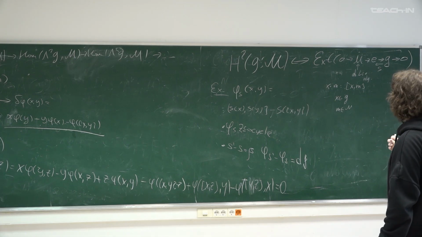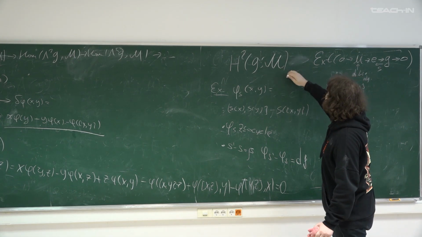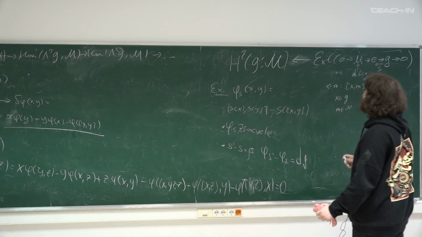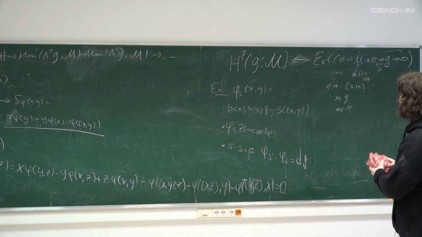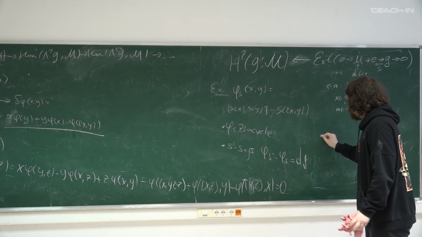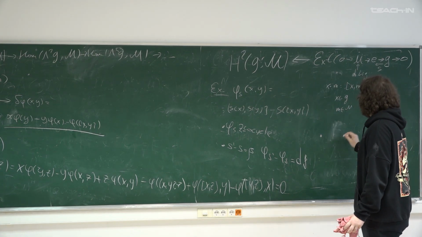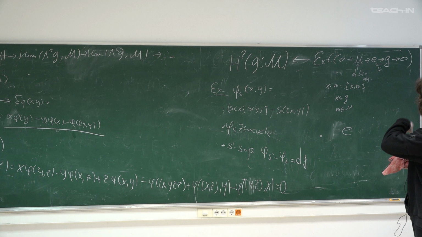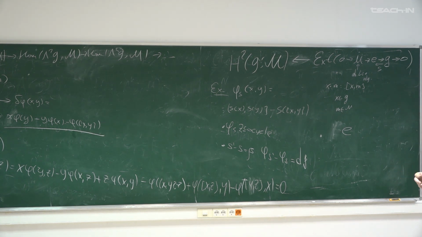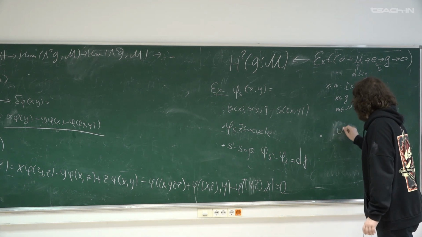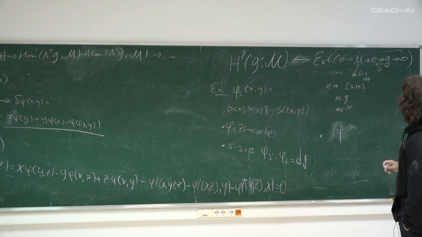So we have a correctly defined map from the left to the right, and from the right to the left. This map is surjective, because for any cocycle phi, I can define an extension.